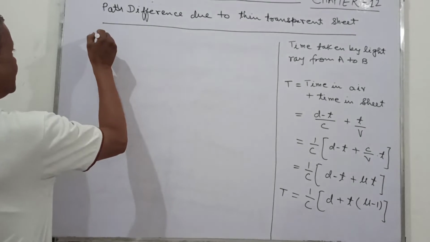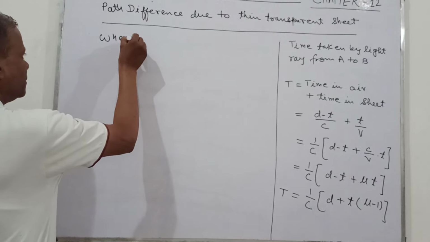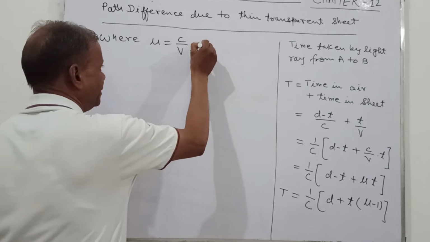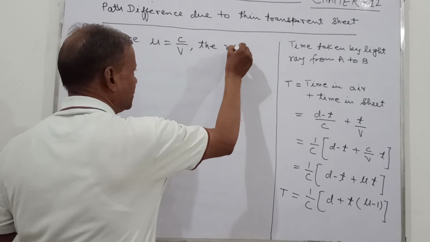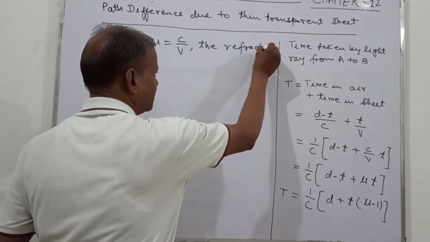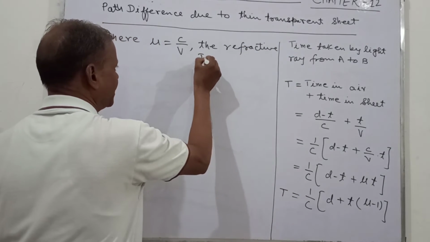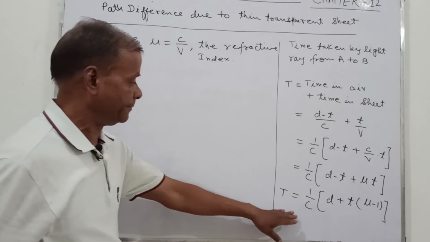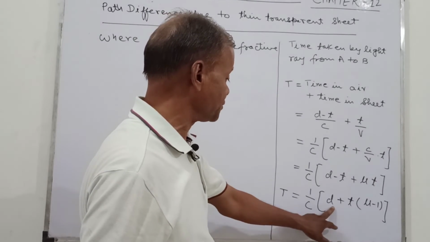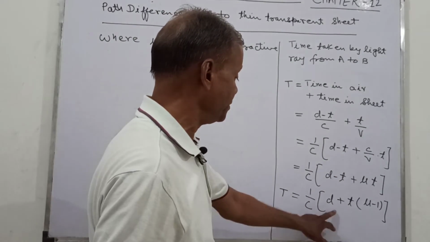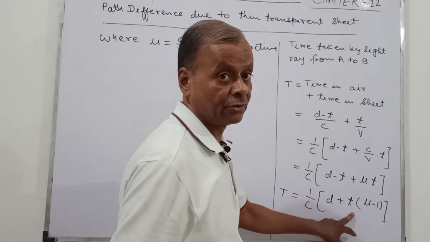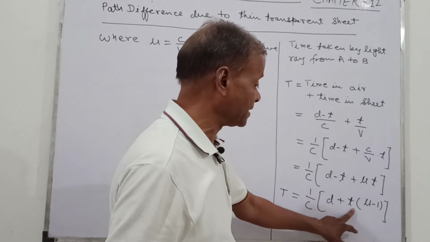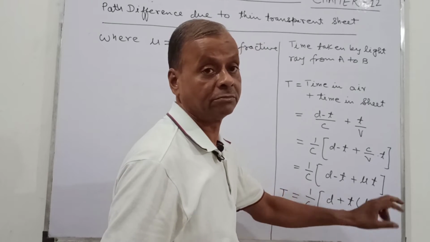Where mu equal to C upon V, the refractive index. So you can see from here that the time taken in this distance D is D upon C, and this is the extra time. So the extra path length is T into mu minus 1.